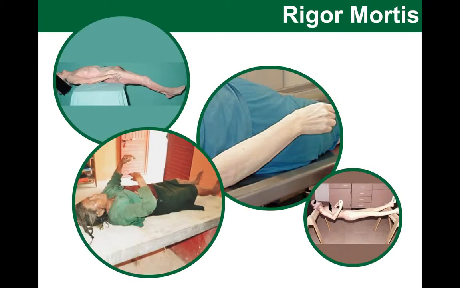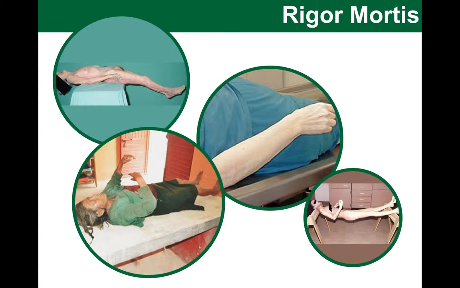Rigor mortis refers to the stiffening of muscles a few hours after death, and it lasts somewhere between 1 and 4 days typically. The cause for this stiffening is the chemicals, in particular calcium, that cause muscle mass to become rigid. And if we look at the detail, due to the calcium, myosin heads become bound to actin, resulting in this constant state of these filaments being locked, if you wish.